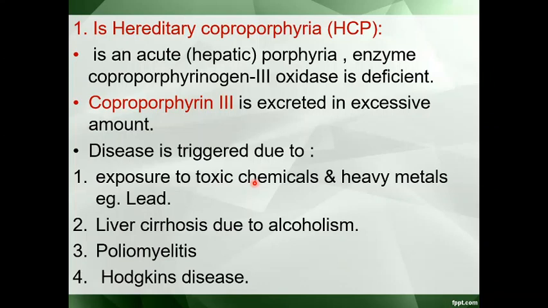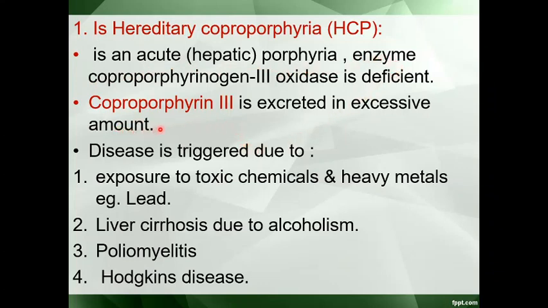Okay? So you can see here that the disease is triggered. When I say that the disease is triggered by certain factors, it means that I have to place it in the acquired porphyria. It is actually a hereditary porphyria which you have studied before, right? And the same enzyme which you have studied before, coproporphyrinogen III oxidase, is deficient.